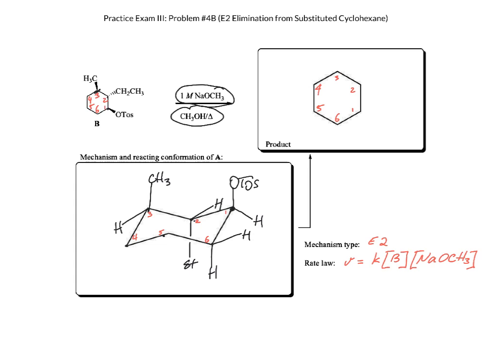Next, I will find if there is an alpha hydrogen that is axial and also antiperiplanar to the tosylate group. Tosylate group is axial. On carbon number 2, I do not have an axial hydrogen atom, but I have one on carbon number 6.